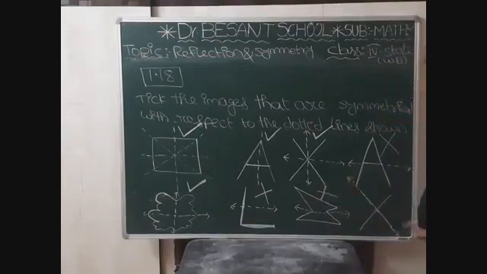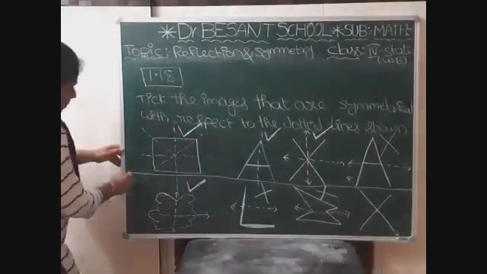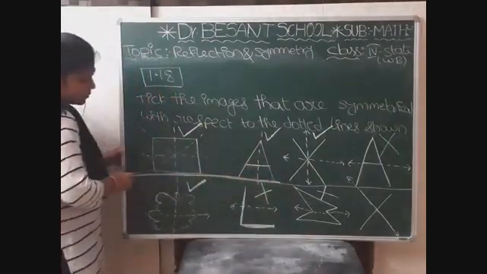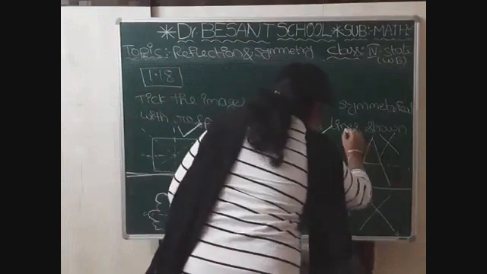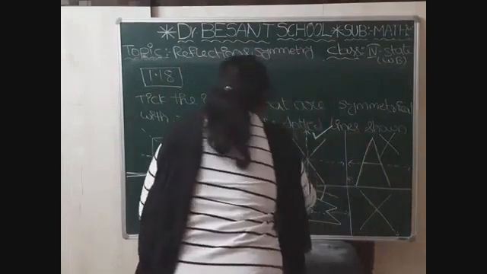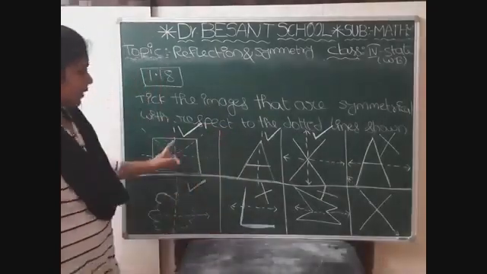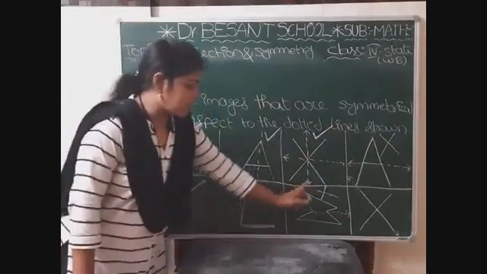Okay. Now coming to this X. I am drawing the line for your understanding. Okay, this is the line. Tick, tick, tick, cross, tick, cross, cross.